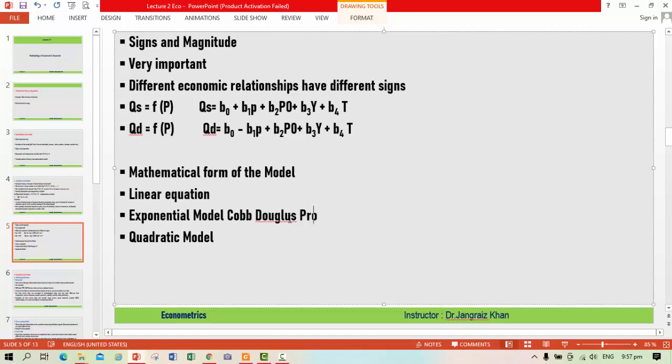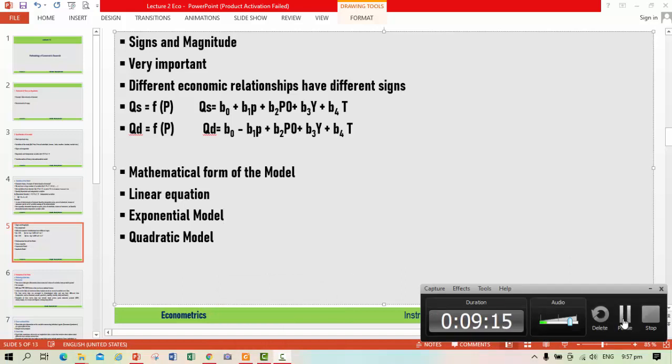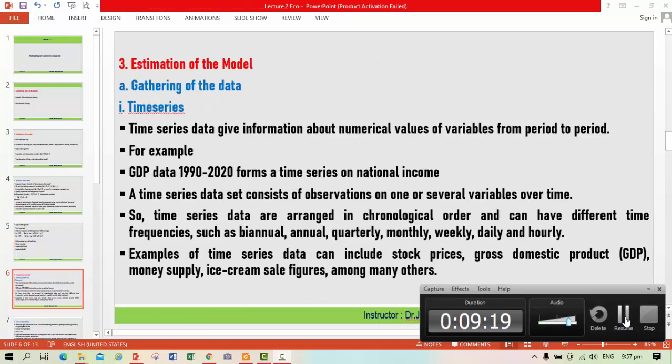Sometimes students make a mistake and use it in the form of a linear equation, so it is a mistake, and the results so derived will not be reliable and will be biased.